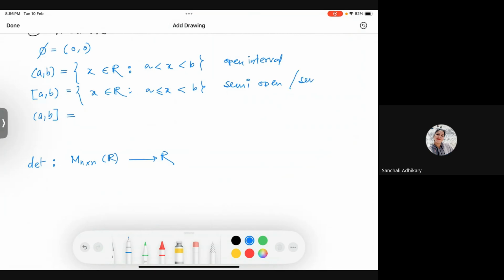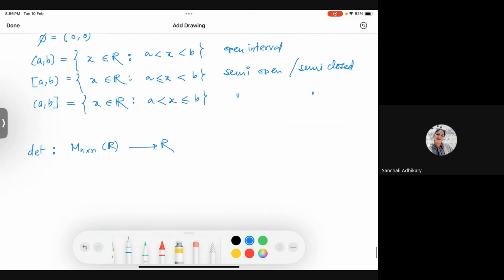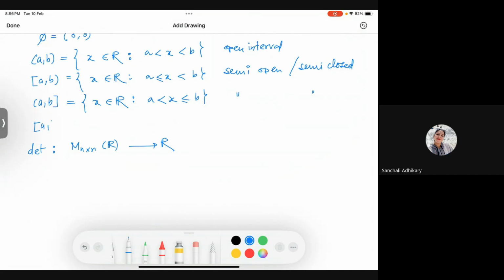Similarly, those x belongs to R such that x is strictly greater than a and less than or equal to b is also called a semi-open, semi-closed interval. And this is the meaning of closed interval: those x belongs to R for which x is greater than or equal to a and less than or equal to b. This is called a closed interval.